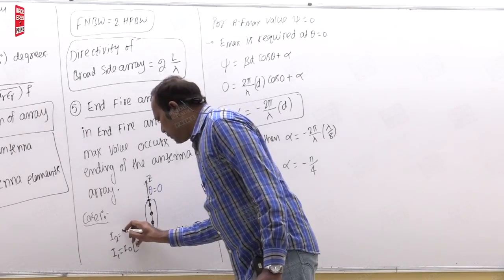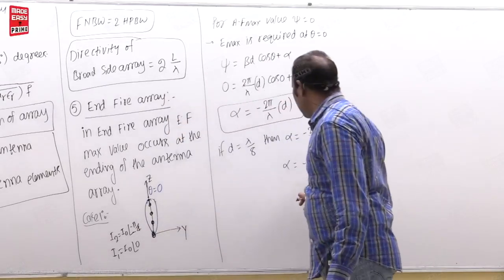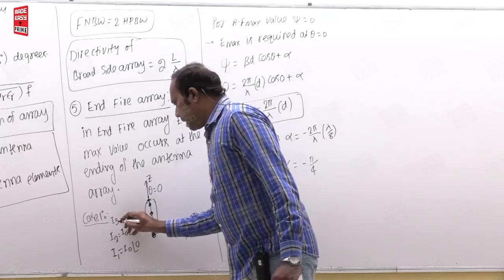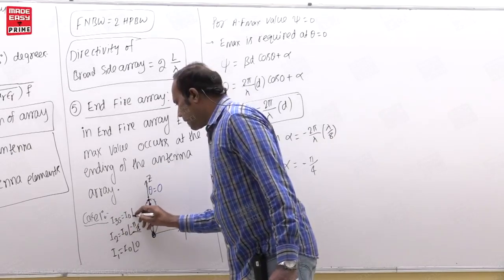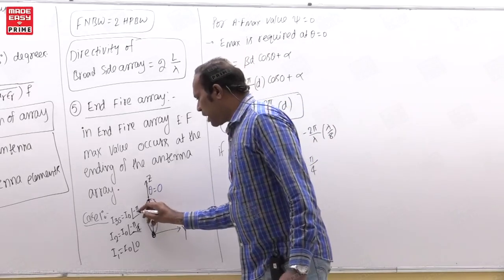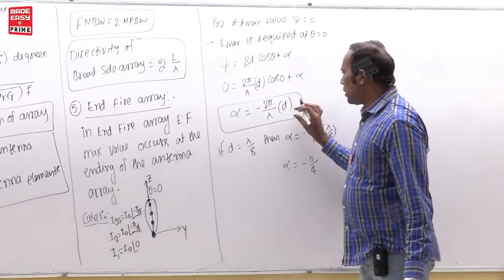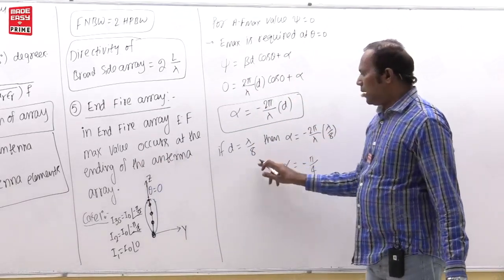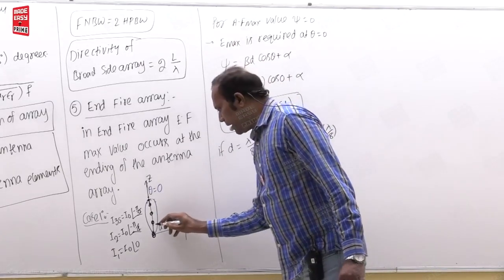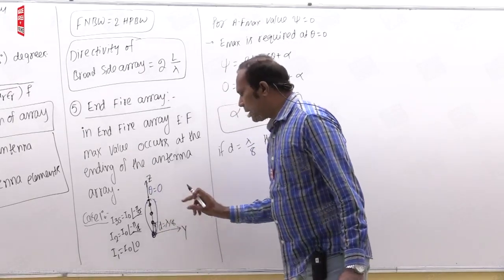Second antenna current is equal to I naught at an angle of minus pi by 4. Then third antenna current I3 is equal to I naught at an angle of 2 times of minus pi by 4, means minus pi by 2. Like that you keep increasing currents and also you maintain d is equal to lambda by 8, between the two antenna elements, lambda by 8, lambda by 8.